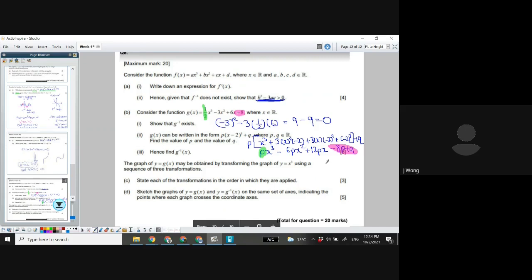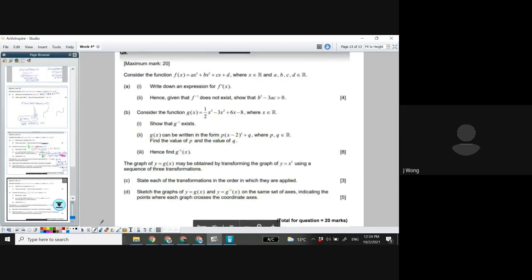So you have p as a half, and you have minus 8p plus q equals minus 8, and therefore you have q as minus 4. So they have put it into that form for us already, like a complete the cube form. So p will be a half, and q is minus 4.